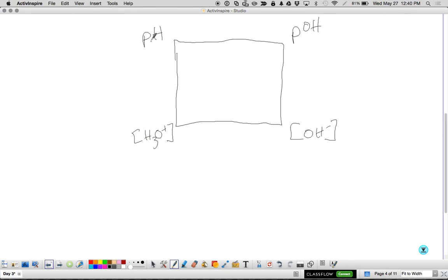This is cool because I know the relationships between each of these things. Going from H3O plus to pH, that's pH equals negative log concentration of H3O plus, and going the other way, concentration of H3O plus equals 10 to the minus pH. pH plus pOH equals 14 is the relationship on the top side. Then this is the log, anti-log again.